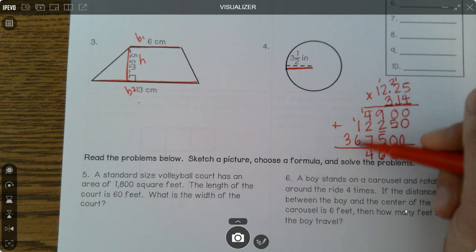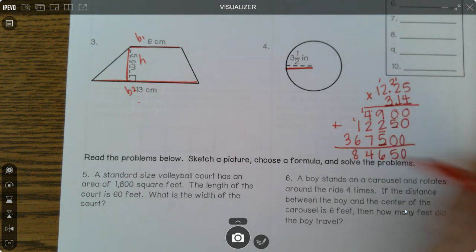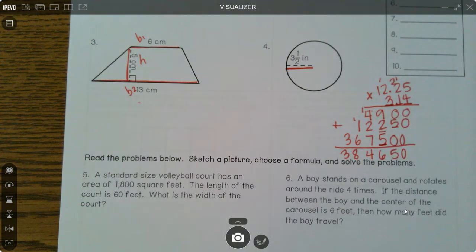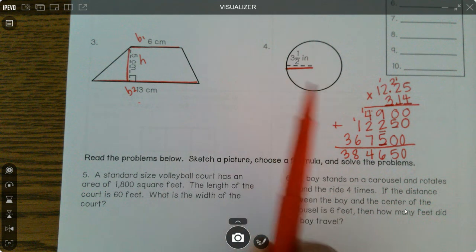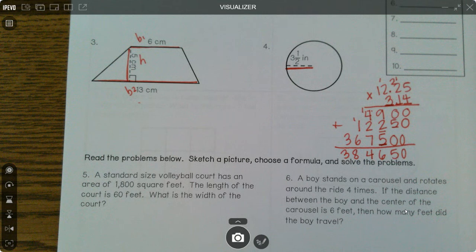I have 2 plus 6 to give me 8 and bring down my 3. Now, that reads as 384,650. And I don't think the area of the circle is going to be in the range of 300,000.